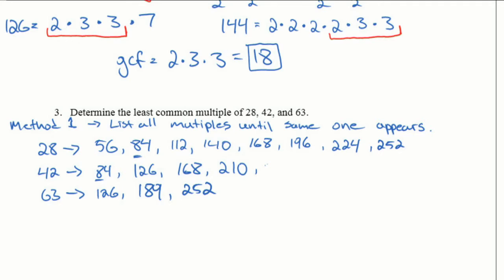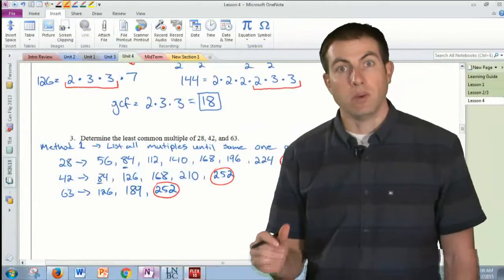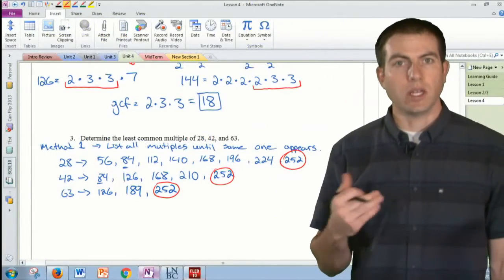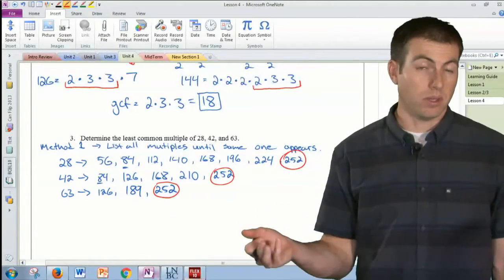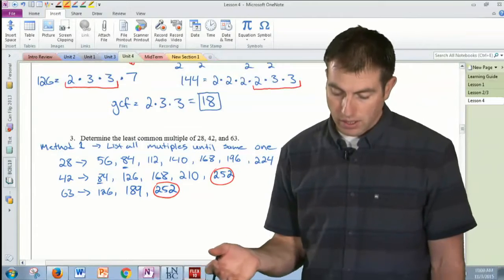If I add another 42 on there, I get 252. So I see that all three of these terms will eventually multiply to 252. Is there any number smaller than 252 that they all three multiplied to give me, or multiples of them would give me? There isn't any.